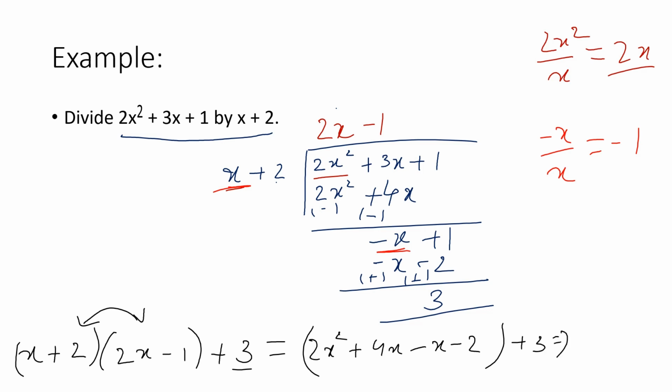What we get is 2x square plus 4x minus x is what? Plus 3x. And minus 2 plus 3 is plus 1.